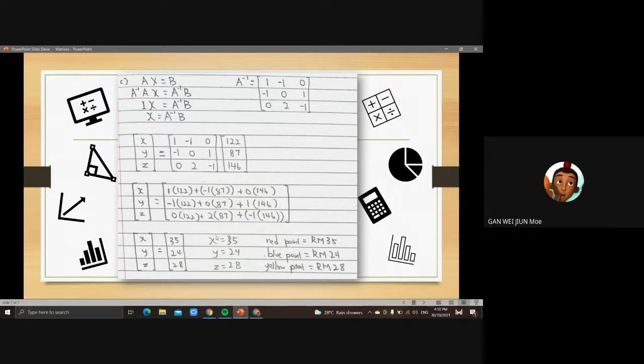So x equals 35, y equals 24, z equals 28. So the cost of each paint is: red paint 35 ringgit, blue paint 24 ringgit, yellow paint 28 ringgit. That's all from me. Any questions?